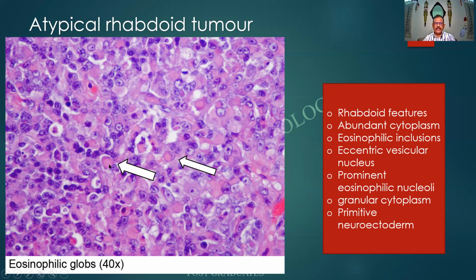Look at the eosinophilic cytoplasm over here that is pushing the nucleus towards the periphery, leading to an eccentric and a vesicular nucleus. In many a case, there are prominent eosinophilic nucleoli, which can be seen. And one look at it will say that it is a primitive neuroectodermal tissue.